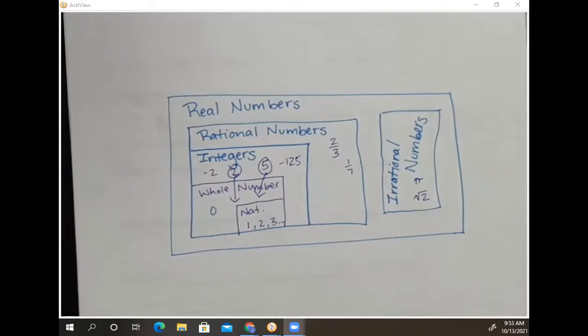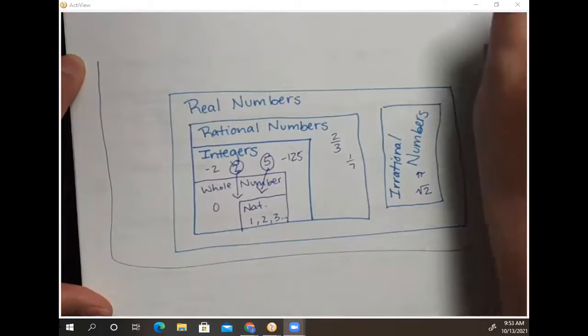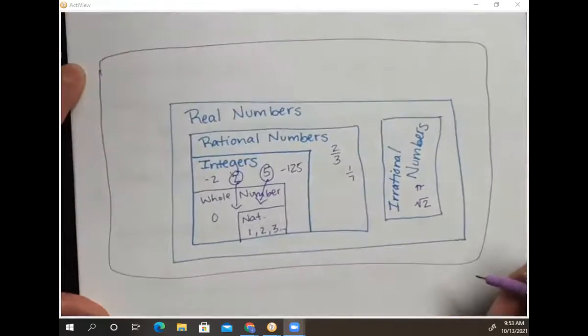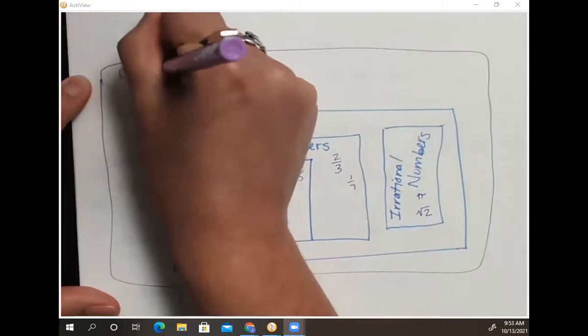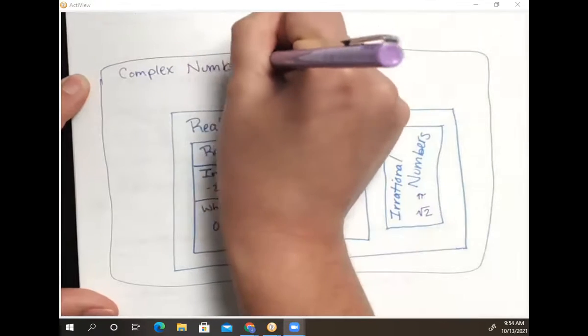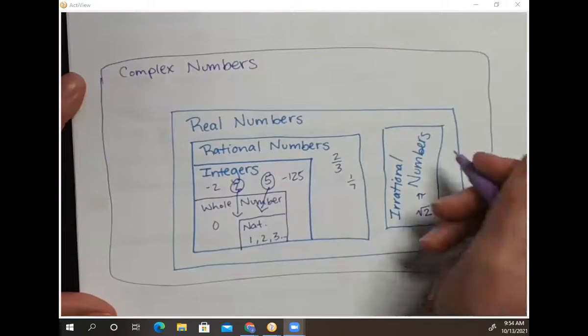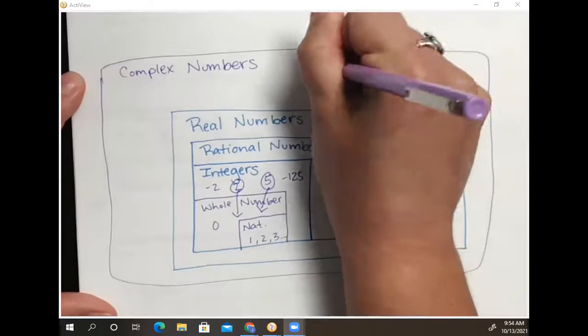Okay, real numbers are actually not the biggest category that we have for numbers. We actually have a bigger category that includes the real numbers called the complex numbers. Complex numbers include real numbers, but they also include imaginary numbers.